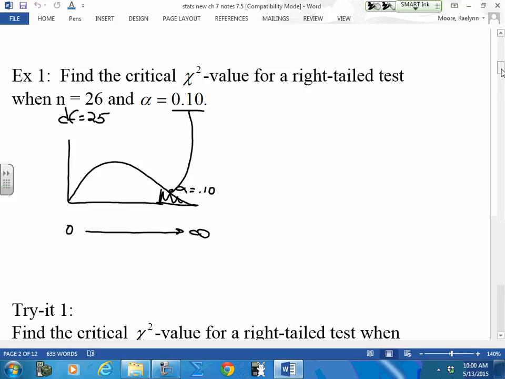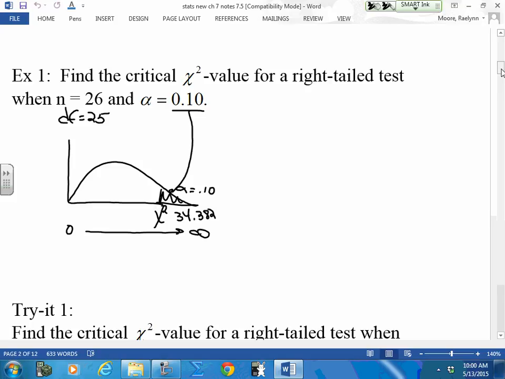If you have your printout that I gave you of your table 6, get that out, use that, and write down this is the area to the right. This is your level of significance over here. So your chi-square critical value is going to be 34.382. And doesn't that make sense?